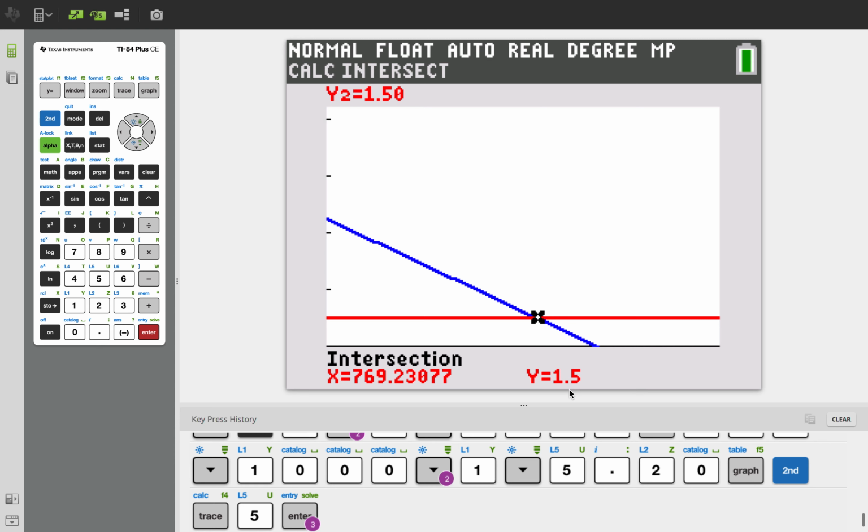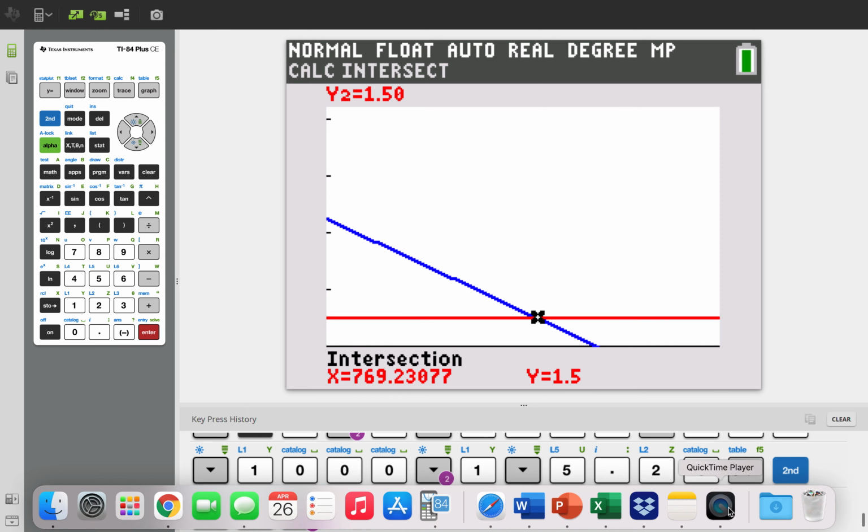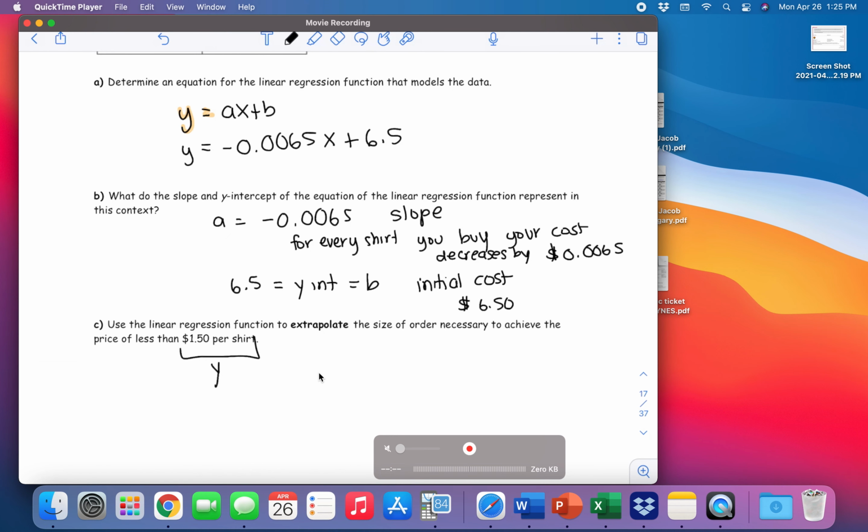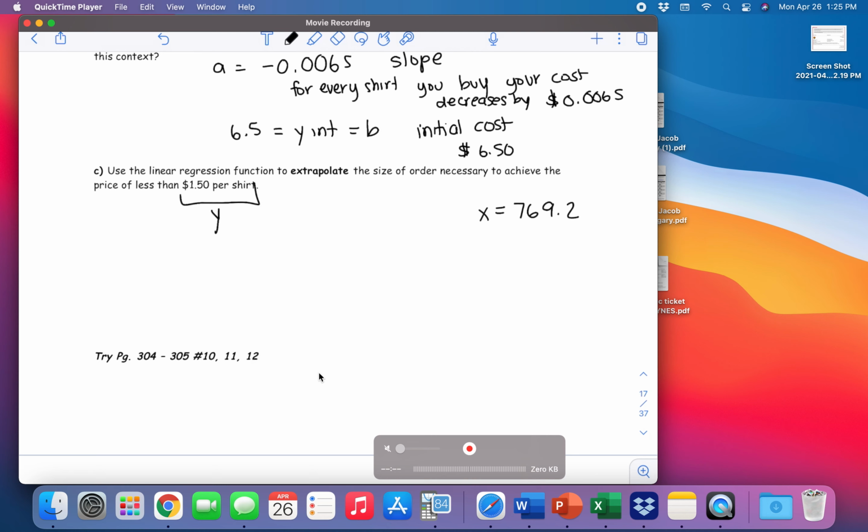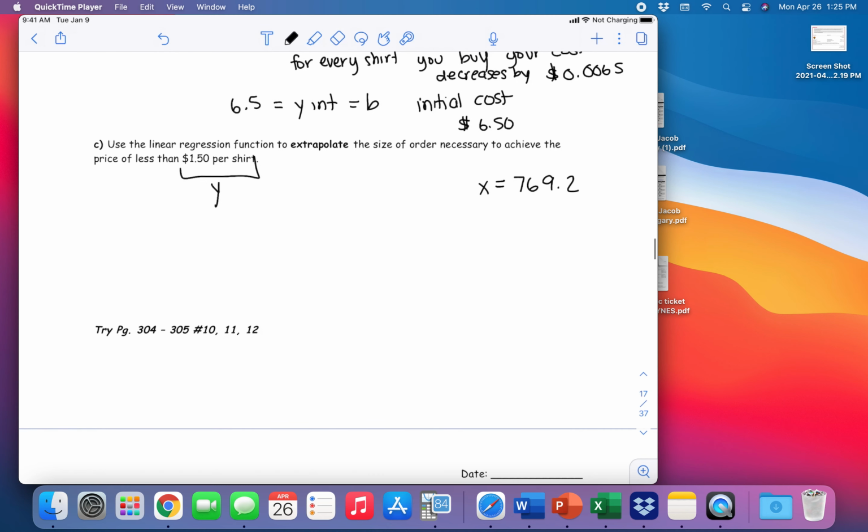So our steps, when we go to our actual sheet, our steps were, we had to enter our equation. This is how you show your steps. Y1, we had the equation. Y2, we had $1.50. And then we had to press second trace number 5 to find the intersection, which was this.